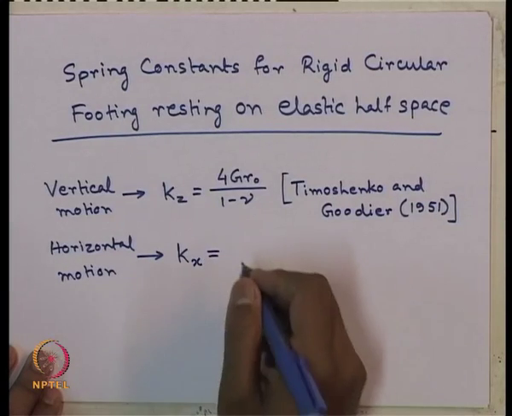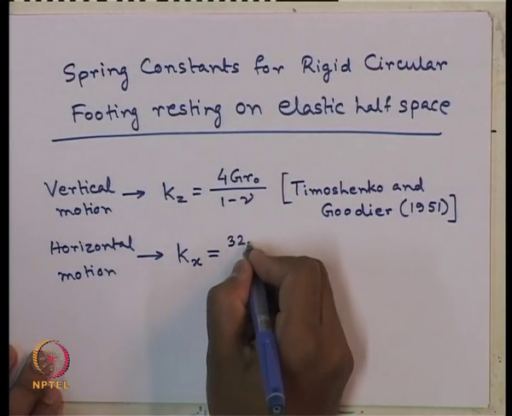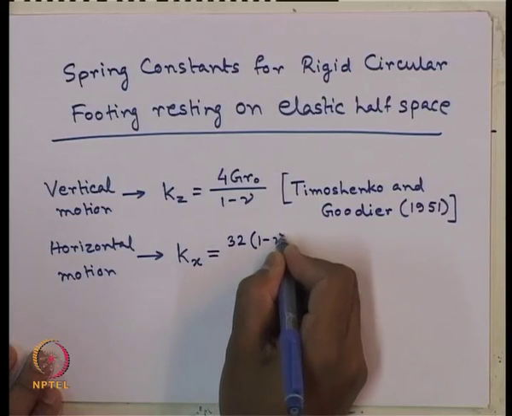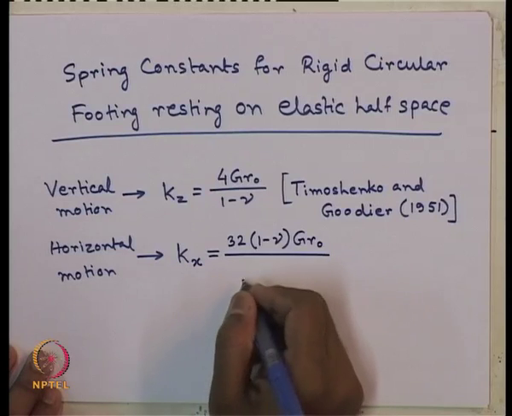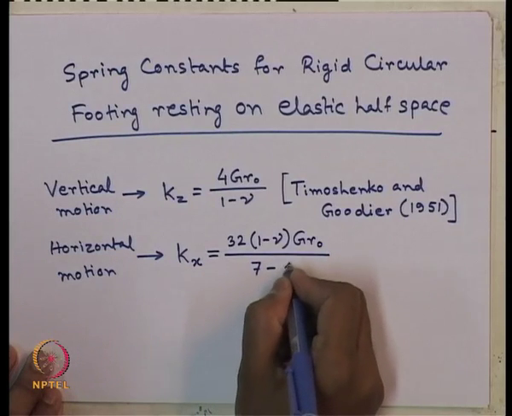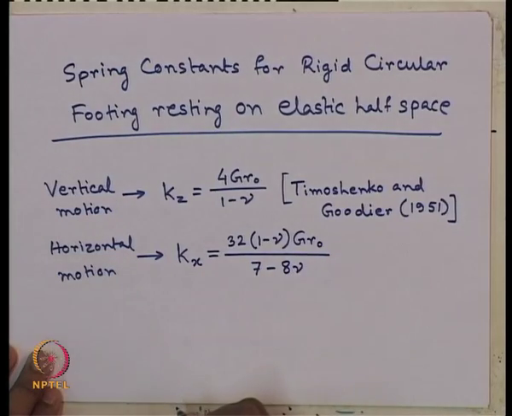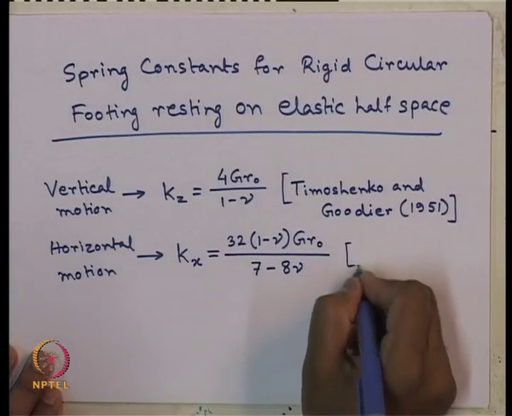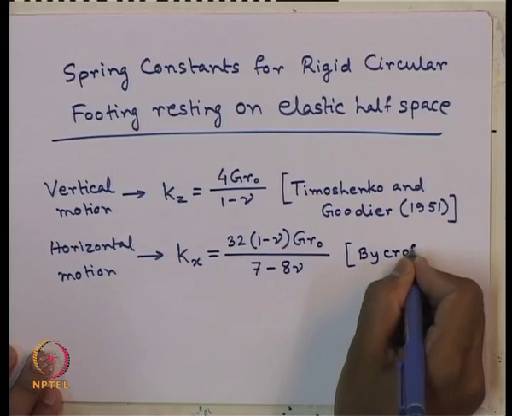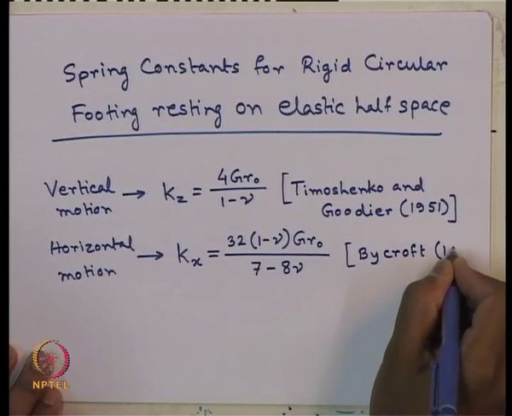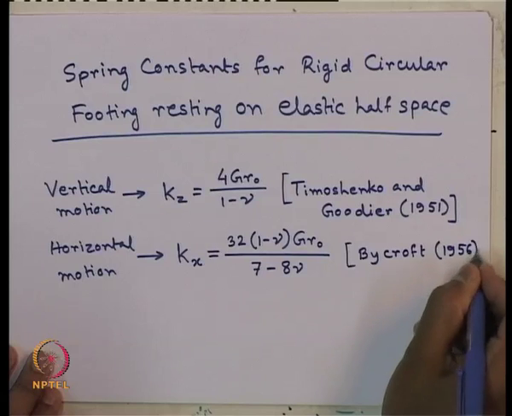Kx can be calculated using the expression 32 times 1 minus mu g r naught by 7 minus 8 mu. For this you can see the reference by Croft, 1956.